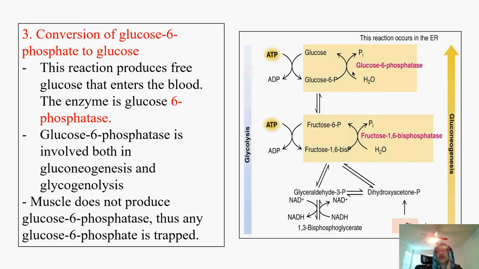So there is no point in doing gluconeogenesis, synthesizing glucose, and trying to send it somewhere else to be used to produce energy, because there is no way that we can get this free glucose from muscles, because they don't have glucose 6-phosphatase. Those reactions take place in the cytosol, but specifically in the endoplasmic reticulum.